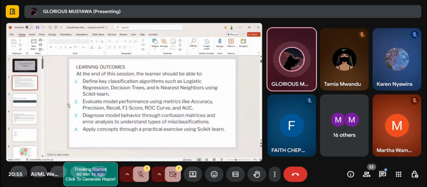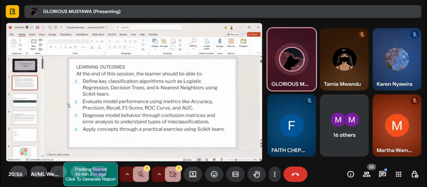The learning outcome for this session is that we want to be able to define key classification algorithms such as logistic regression. They are not new to you anymore because we did an overview of these algorithms in the machine learning class.